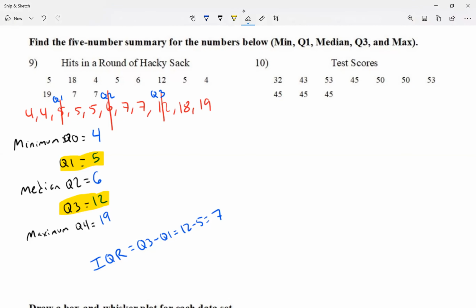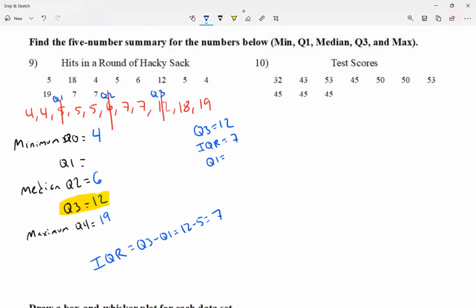You might be asking, Mr. Leonzo, what do you mean? Let's say I didn't give you a list, and I don't give you quarter 1. I just tell you quarter 3 is 12 and the interquartile range is 7. What if I was to just give you that information, and then I ask you, what's quarter 1?